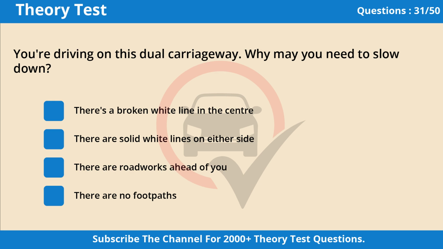Question 31. You're driving on this dual carriageway. Why may you need to slow down? C. There are roadworks ahead of you.